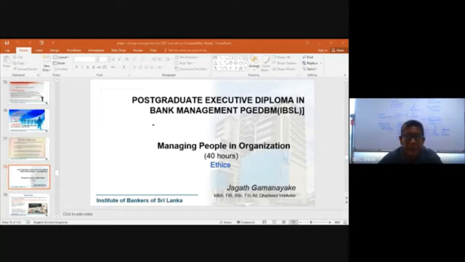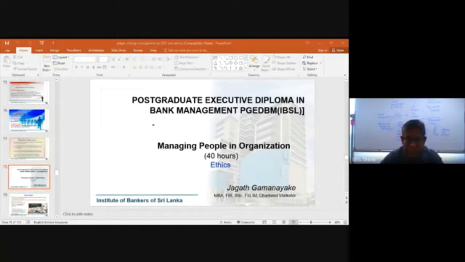So first we try to learn about the employee code of conduct. Now, as everybody is aware, the Directions 8 of 2011, the customer charter, categorically spells out that banks are required to design a code of conduct to achieve certain objectives.